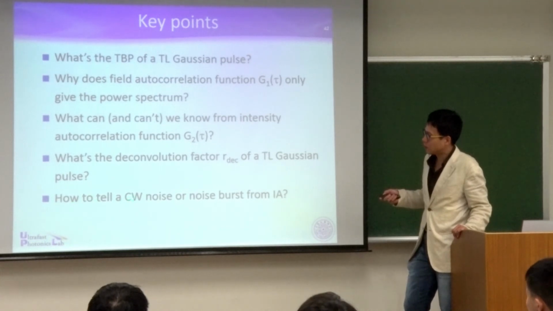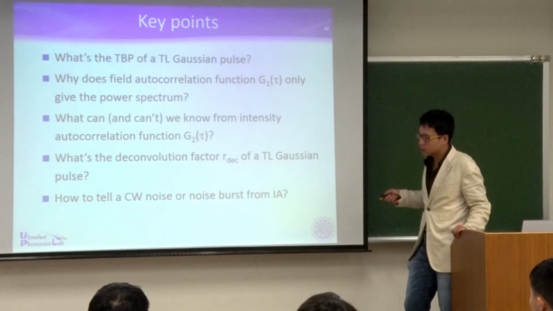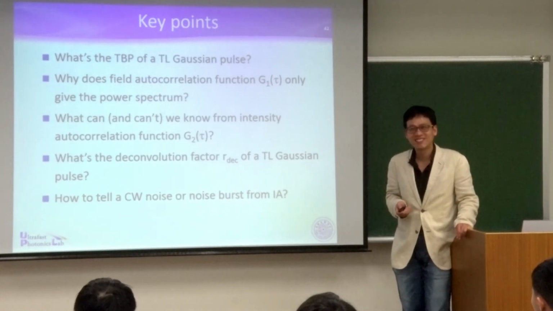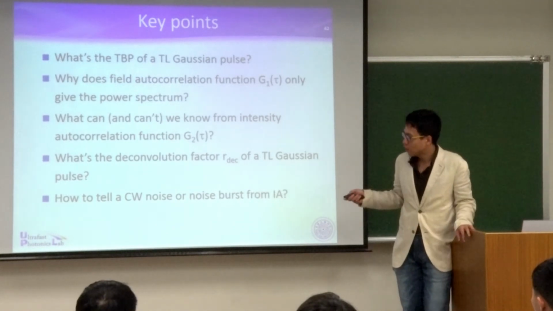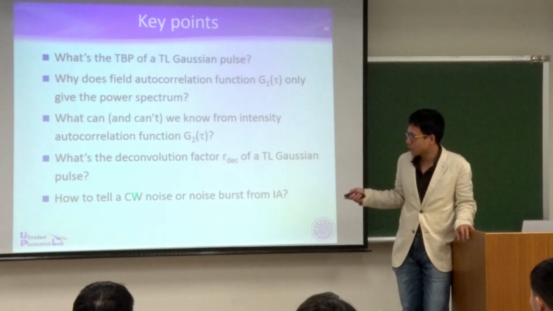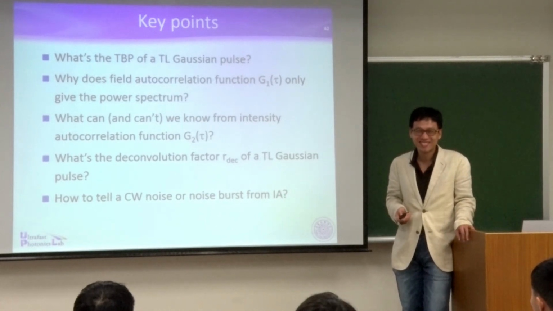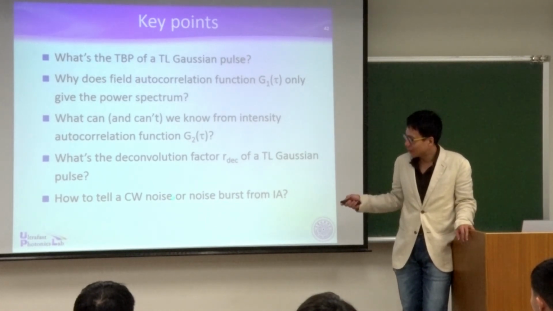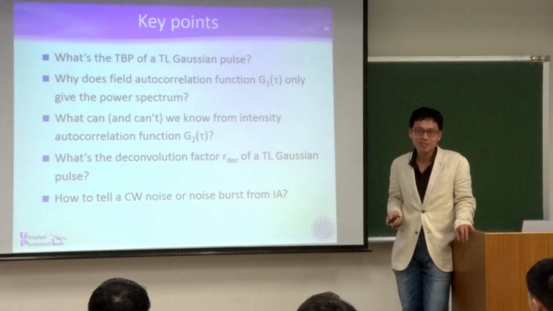Last, how do you tell continuous wave noise or a noise burst from the intensity autocorrelation measurement? What would you see when your optical signal is actually CW noise or a noise burst? Say, what is the IA function of CW noise?